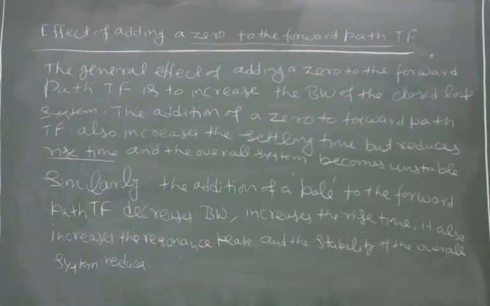The resonance peak increases with adding a pole, and it decreases with the addition of a 0.